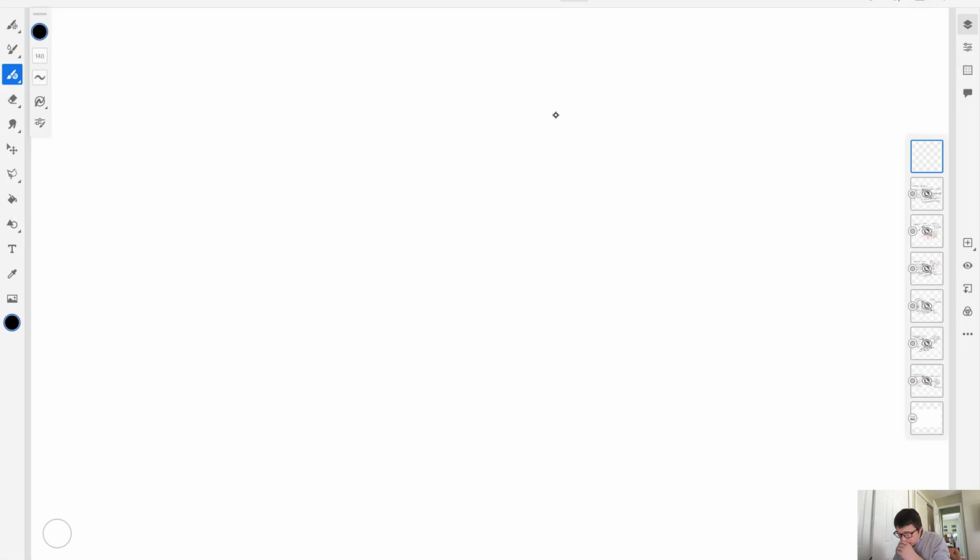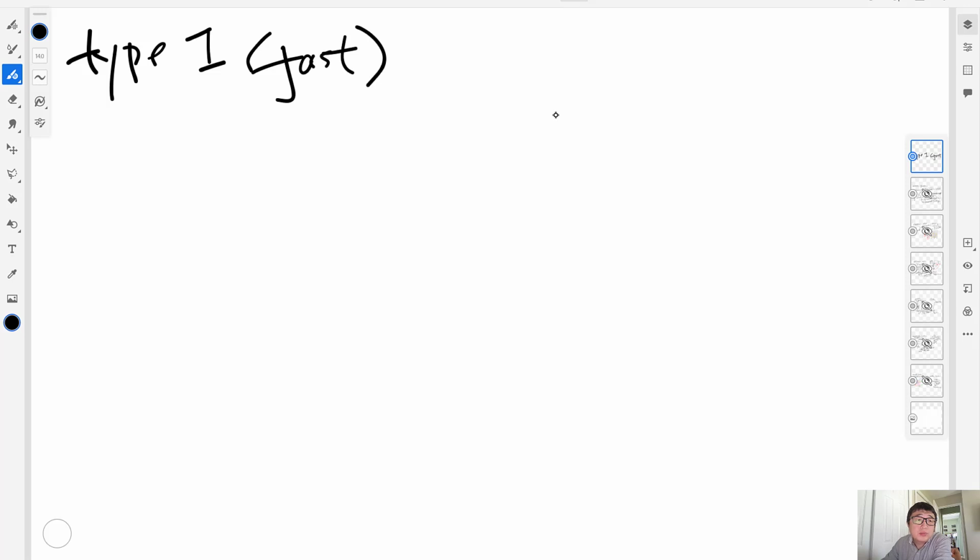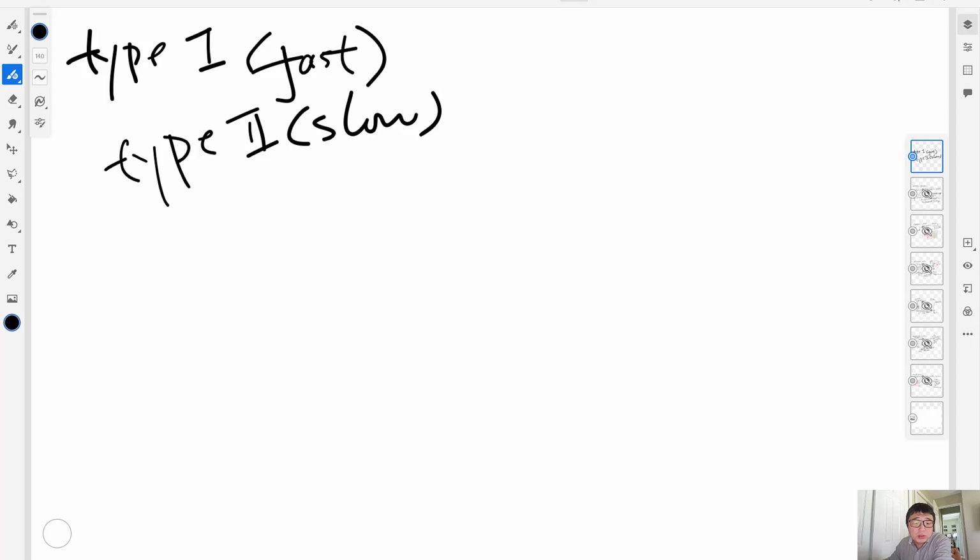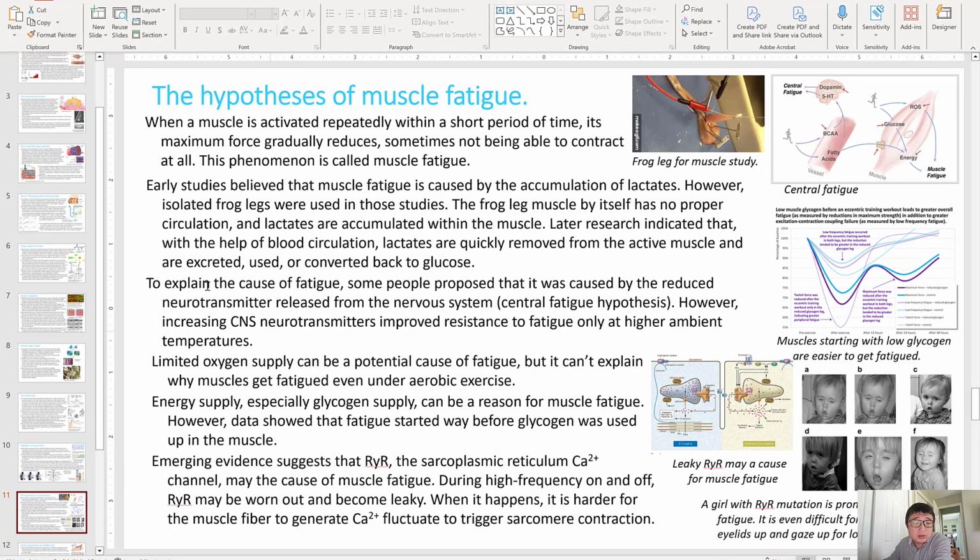Yes, a muscle, based on how much mitochondria and myoglobin they have, there are mainly two types: type 1 muscle fiber, also called fast twitch, and type 2, also called slow twitch. I need to double check. I need to make sure I'm right.